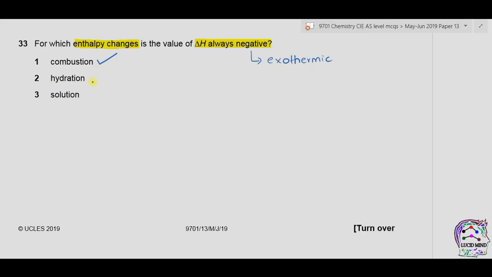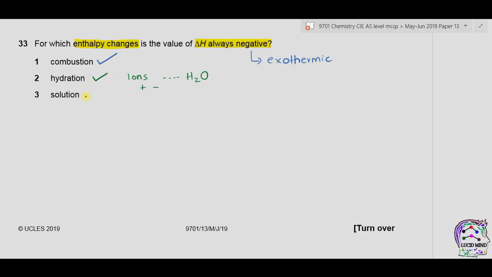Now enthalpy of hydration is the energy released when attractions are set up between ions and water molecules. The ions can be positive or negative. So when forces of attraction are developed between ions and water molecules, energy is released. So it is also exothermic.